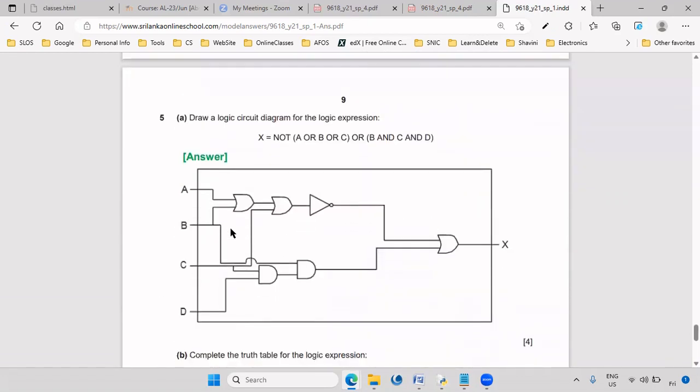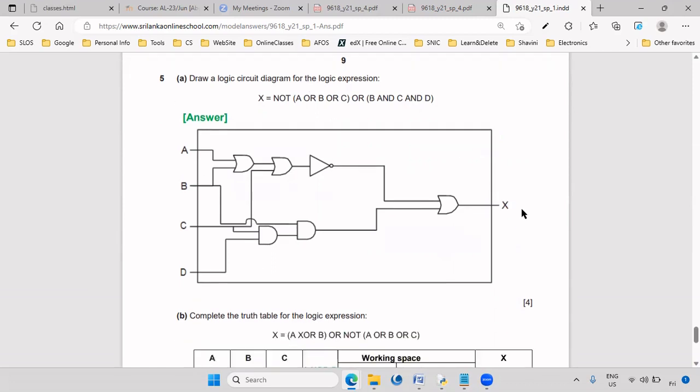Question 5. Draw the logic circuit diagram for the logic expression X equals NOT (A OR B OR C) OR (B AND C AND D). So this is the answer.